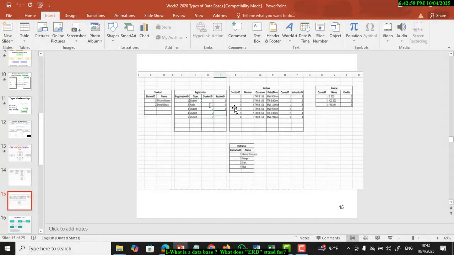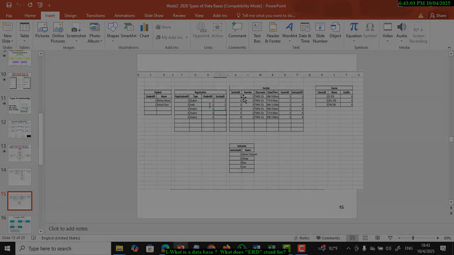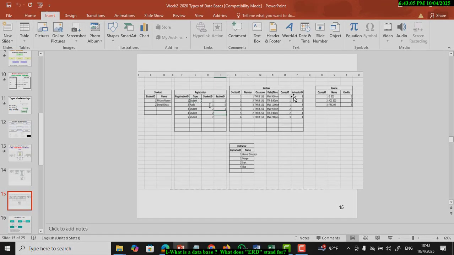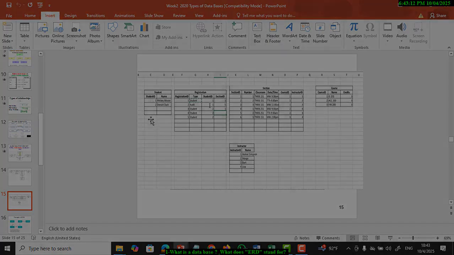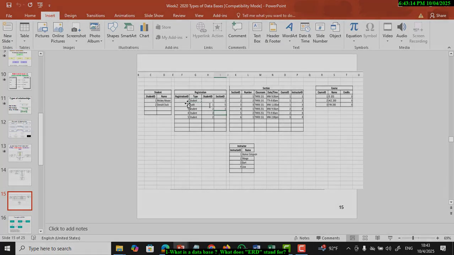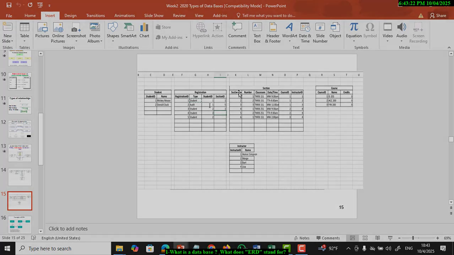So this vertical column is called a field, and the horizontal row is called a record. In this table we have 2 fields and 4 rows, while this one has 4 columns and 5 rows, and this one has 6 columns and about 6 rows, and so on.